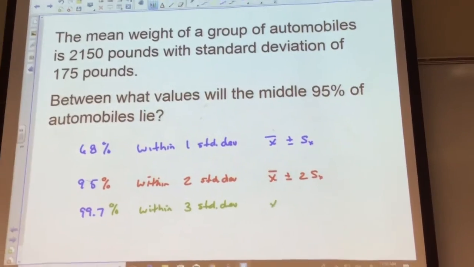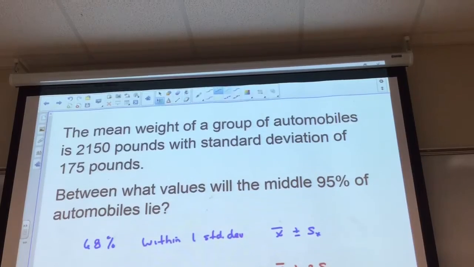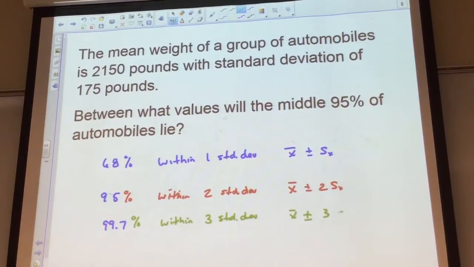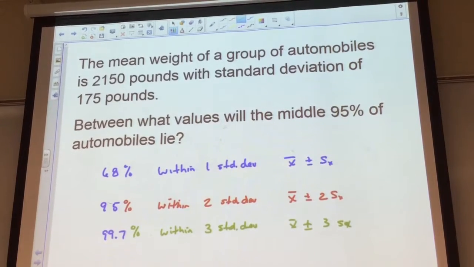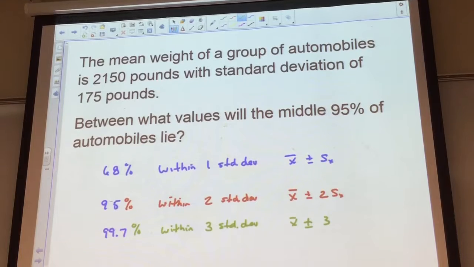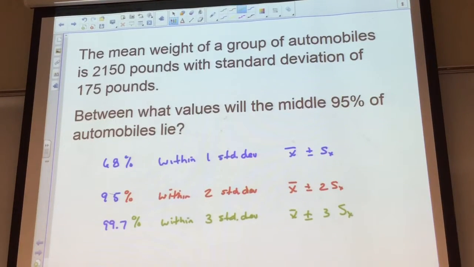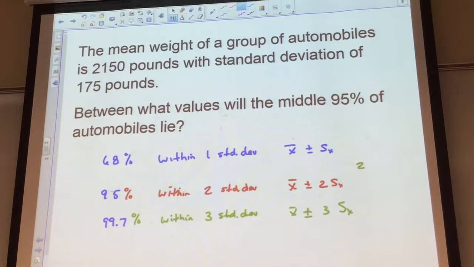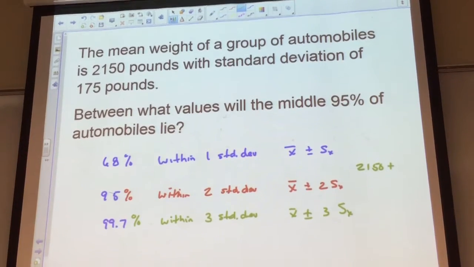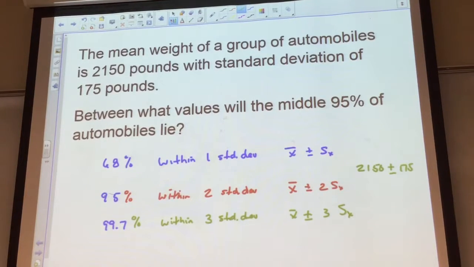So in your case, if you're doing the problem that was asked in the exercise, then you're looking for 3 increments of S of X, or excuse me, 2 increments of S of X. So here you would have your 2150 plus and minus the 175.